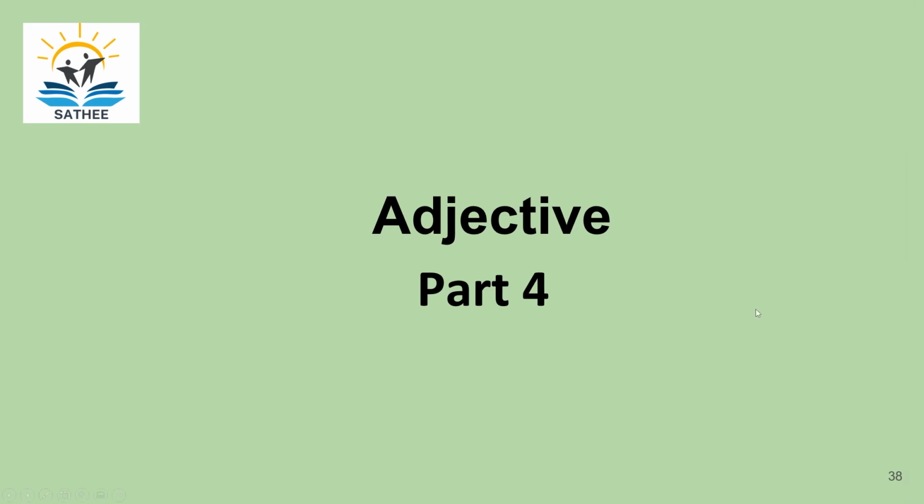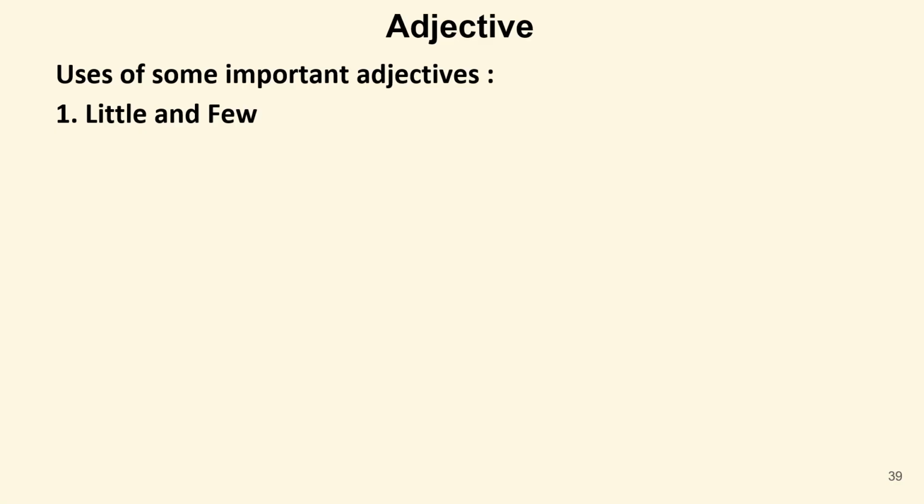We have some adjectives which can be used differently, or adjectives which look the same but have different meanings and use. So let's discuss those adjectives. First, we have two words, little and few. Many people are confused about the concept of little and few and their uses.